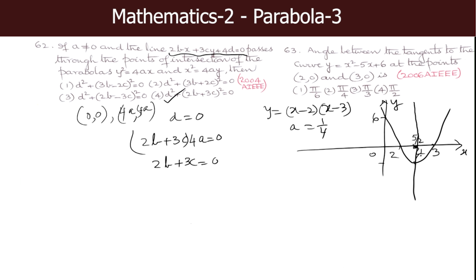This is 1/4, and therefore, this point is at a distance of 1/4 from the vertex of the parabola. This must be the focus. So, focus for the parabola is 5/2, 0, and therefore, 2, 0 and 3, 0 are the extremities of the focal chord of the parabola, and therefore, the tangents drawn at these 2 points, 2, 0 and 3, 0, are at right angles to each other. Therefore, the angle between them is pi by 2. Okay.